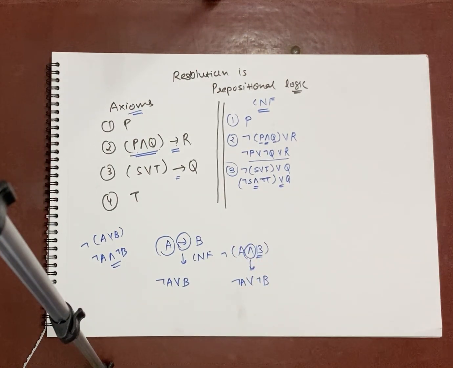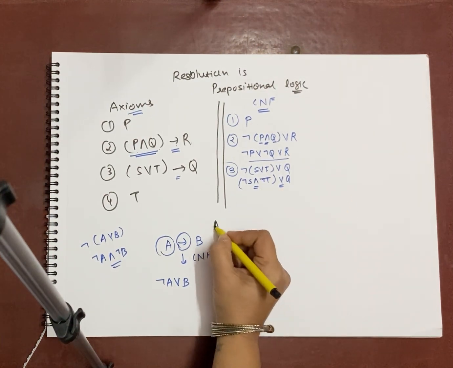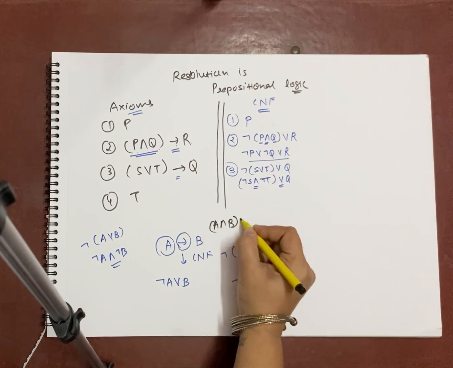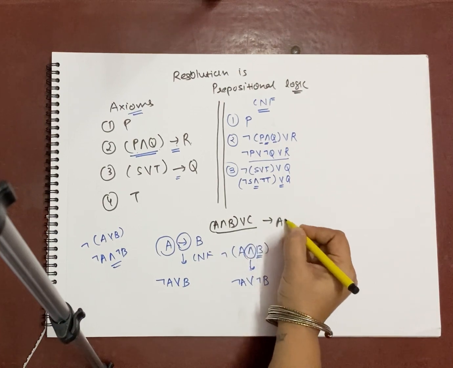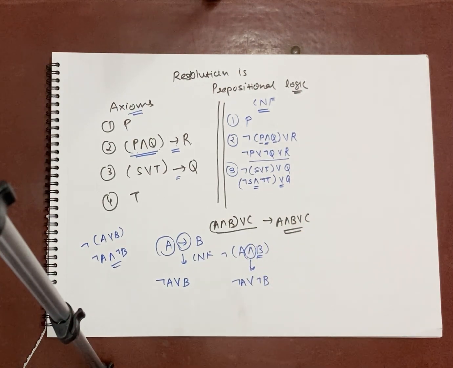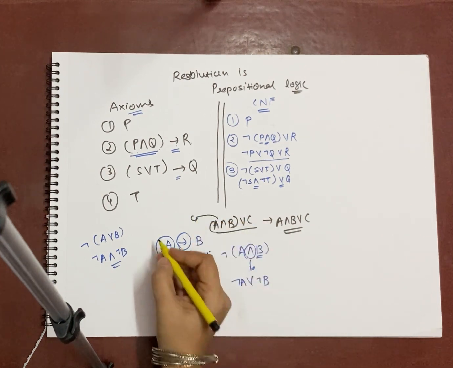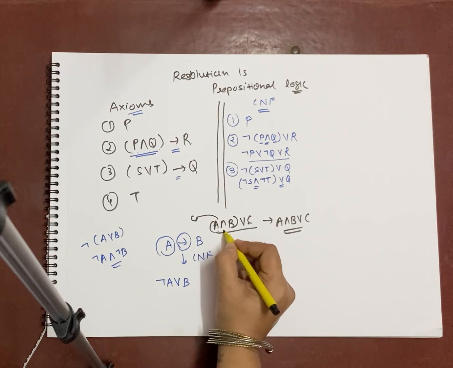So you cannot directly open the bracket. Are you getting this? You cannot directly open the bracket because there are two different operators. It is something like if I have A and B or C, then I cannot write this as A and B or C. They are not equivalent because operators are different. This is going to be converted to A or C, then in between you have and B or C.